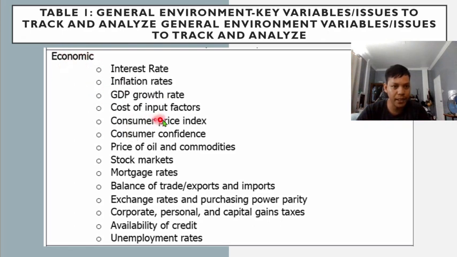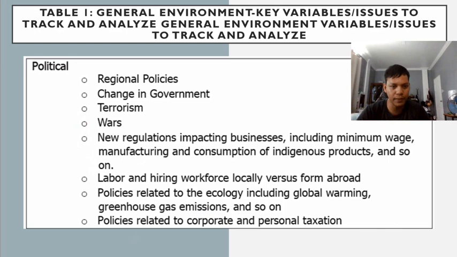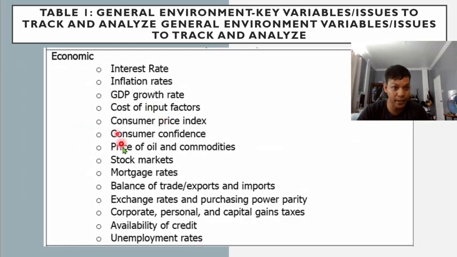The cost of input factors, consumer price index, consumer confidence, price of oil and commodities, as we have experienced now. Because of the increasing price of gasoline, it also affects the prices of other products. So as you can observe, there are influences coming from the political that also affect the economic, not just the business itself.